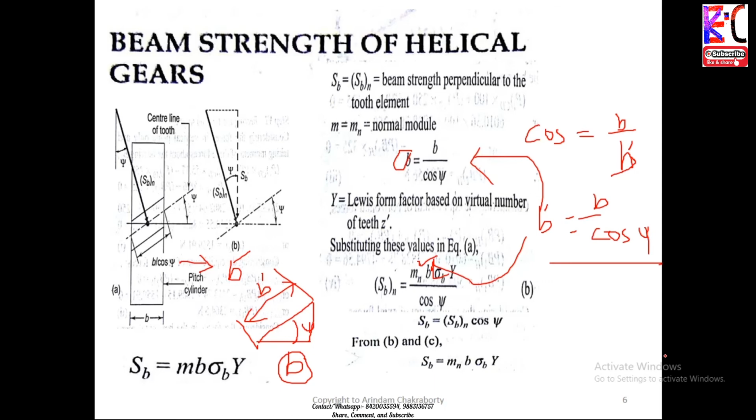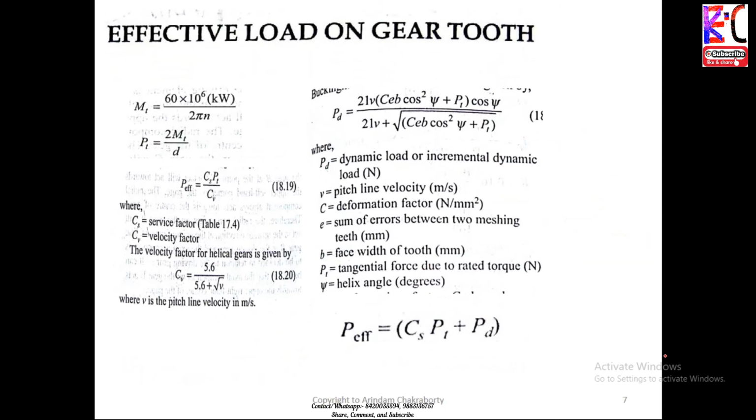So we have understood the beam strength will be just a division by cos psi. MT will remain the same, as well as there will be the introduction of cos square, that is the dynamic loading, and efficiency will be changed.